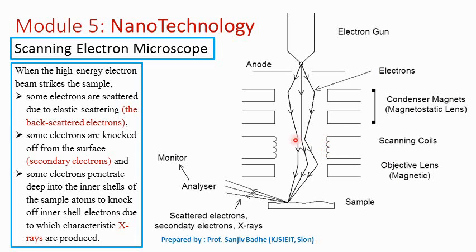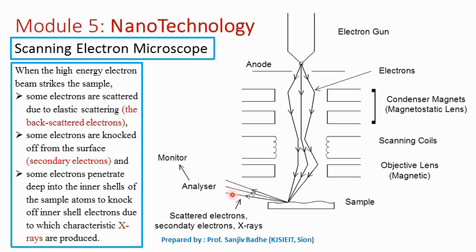These scanning coils are used to deflect the electron beams in a particular direction to scan a desired spot on the sample. Then the objective lens is used to focus this electron beam into a small region on the sample surface. Once this electron beam strikes the sample surface, backscattered electrons, secondary electrons and X-rays are produced.